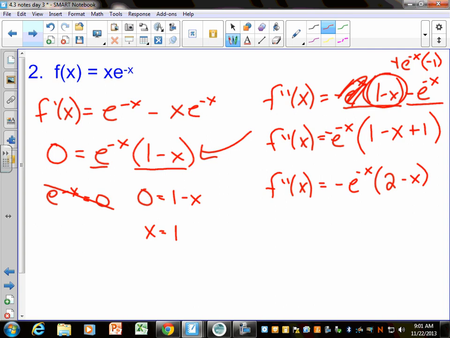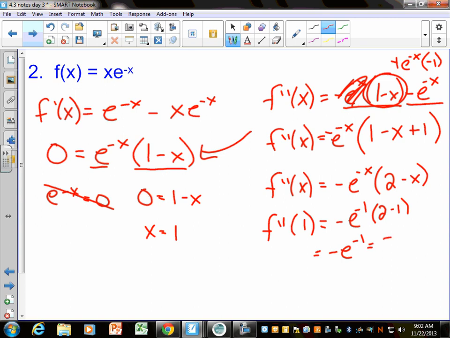So now we can plug 1 in there and see what happens. And I would get negative e to the negative 1 times 2 minus 1. So just 1. Negative e to the negative 1. Is that positive number or a negative number without using your calculator? Do you know?